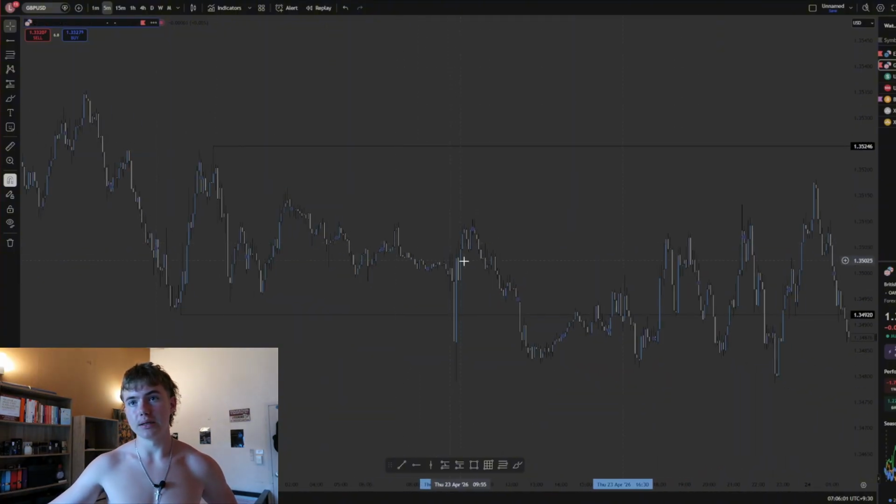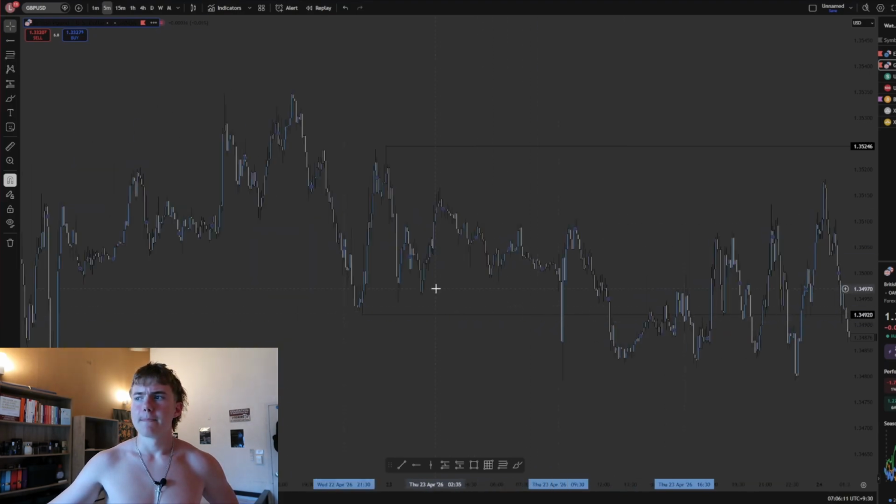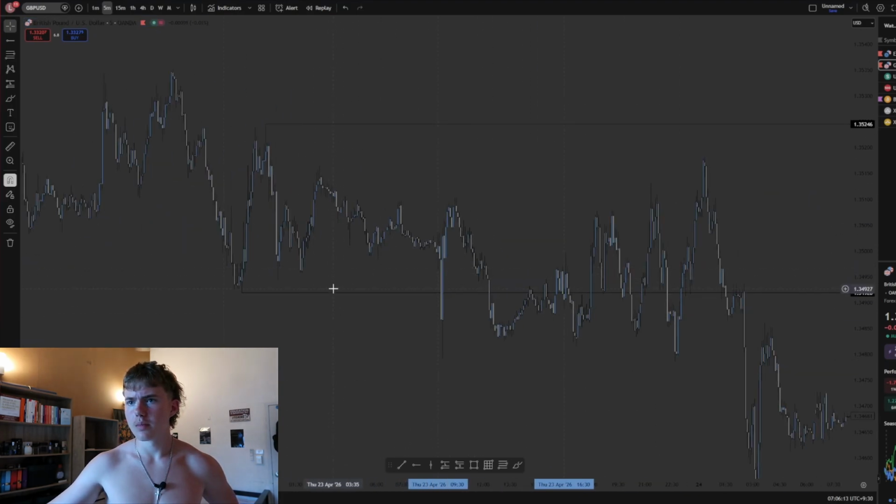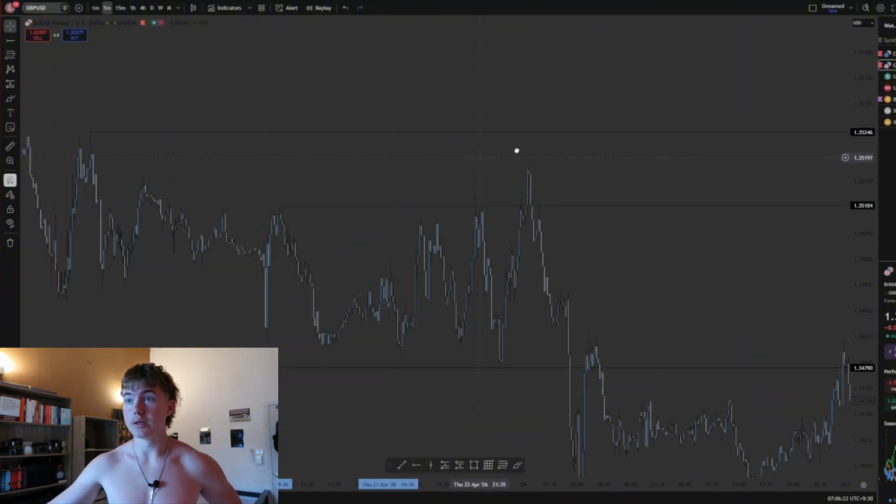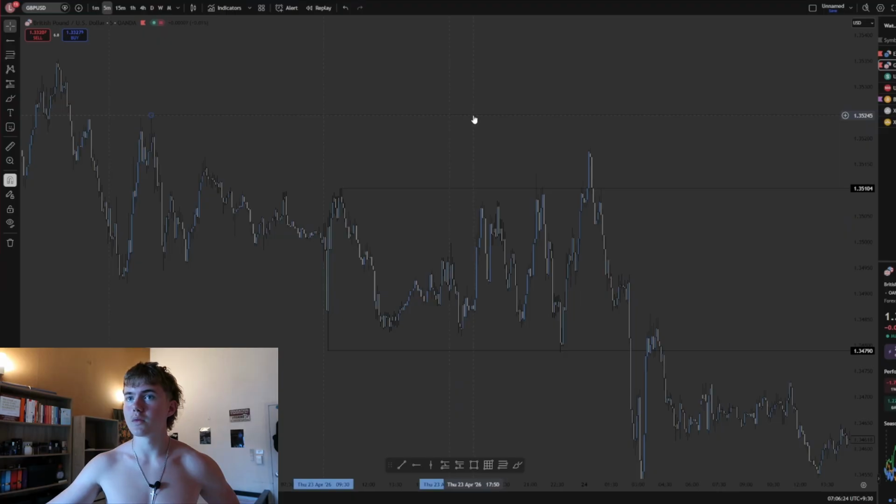And then what happens here? Asia session opens. It sweeps this liquidity down here and goes up. And then, let's see, Asia session low doesn't reach New York high, so we'll keep that up for liquidity. It doesn't even get hit in London, so they don't have to get swept, by the way.